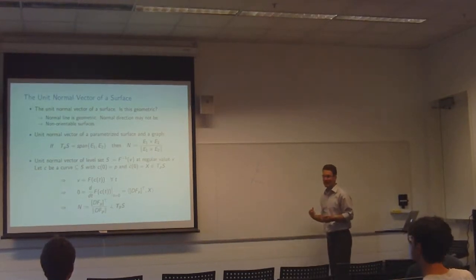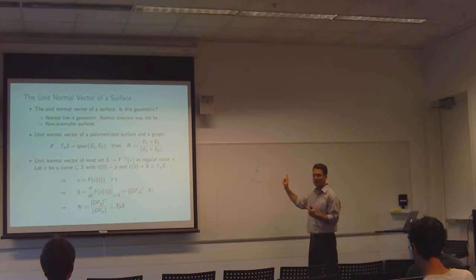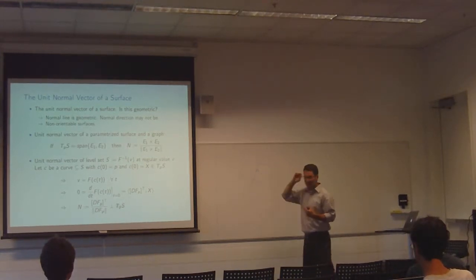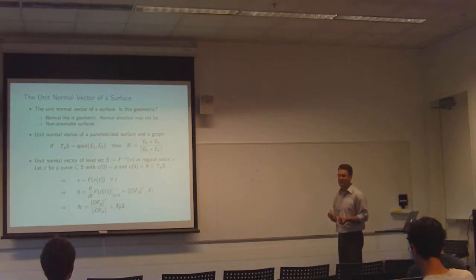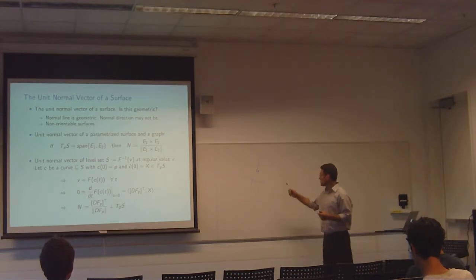That isn't a geometric thing. And then choosing a unit normal vector is related to choosing a direction, right? Because length is well defined, so you can always make something unit length. But getting it to point consistently in one direction or another, that is a choice you have to make. That's the non-geometric part.